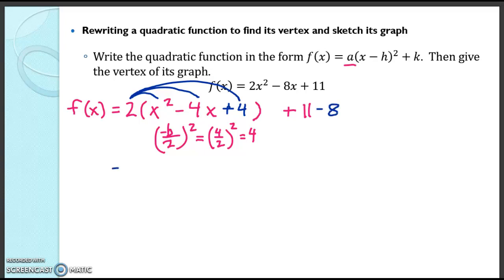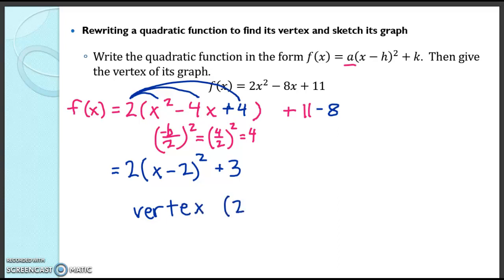Okay, so this becomes 2 times, then the x squared minus 4x plus 4 factors into x minus 2 squared, and then I'm left with a plus 3. So my vertex ends up being at 2 and positive 3.